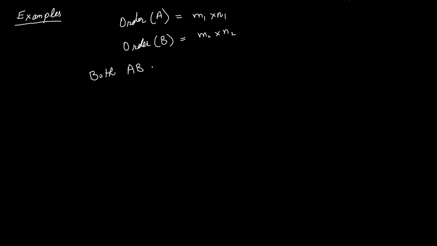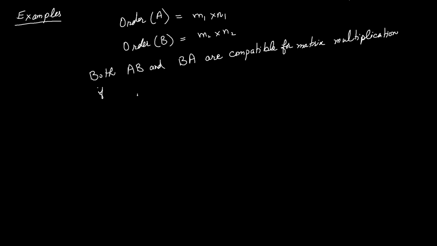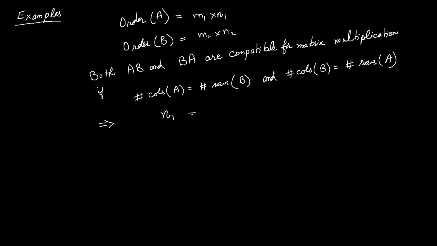The matrix multiplication AB is consistent, means we can perform this multiplication if the number of columns of A is equal to the number of rows of B. And the matrix multiplication BA is consistent if the number of columns of B is equal to the number of rows of A. So we have N1 equal to M2, say both N1 and M2 equal to N. Secondly, N2 should be equal to M1. Suppose both M1 and N2 is represented by M.